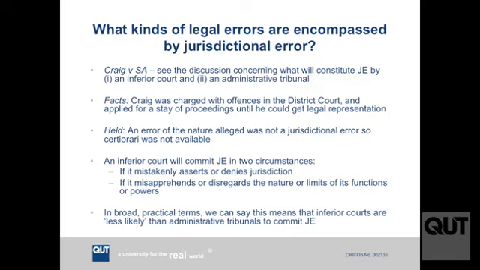The second way an inferior court commits jurisdictional error is if that court misapprehends or disregards the nature or limits of its functions or powers after correctly recognizing the jurisdiction question.